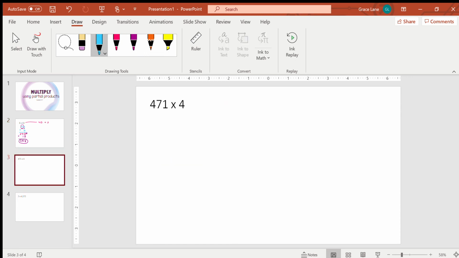So let's try one with a 3-digit number. We have 471 times 4. And so again, you don't need to write this. If you can just visualize it, that's what we're aiming towards. But the 471 is really 400 plus 70 plus 1 put together.